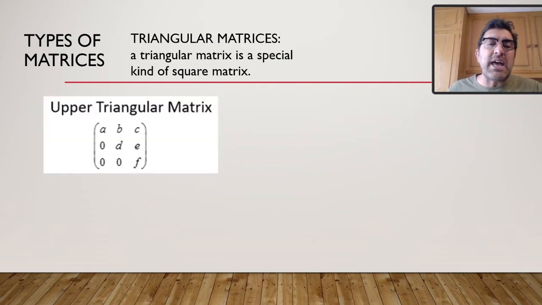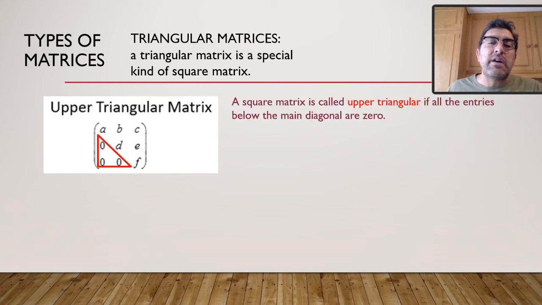The matrix is called upper triangular if all the entries below the main diagonal are 0. Everything above the main diagonal has non-zero entries, but below the main diagonal you have zeros.